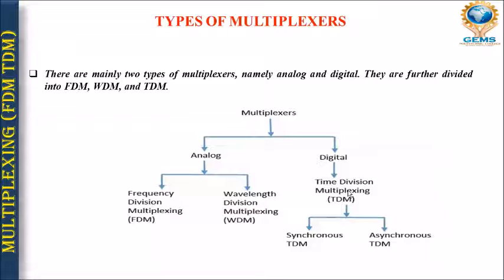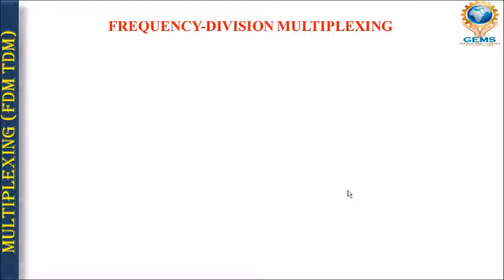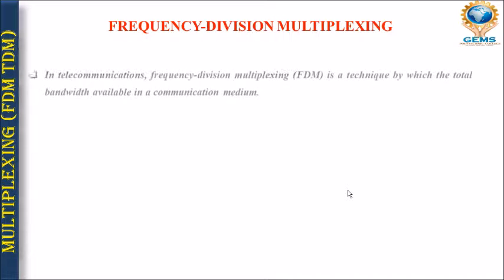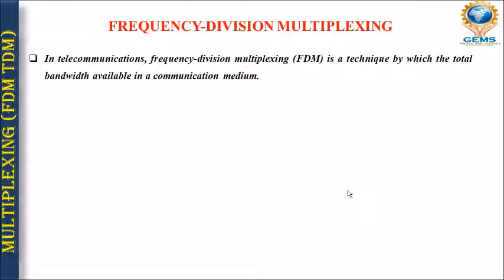Okay. So let's talk about frequency division multiplexing at first. So what is frequency division multiplexing? It is a technique by which the total bandwidth available in the communication medium is concerned, whatever is available in the communication channel or communication medium, and it is divided into a series of non-overlapping frequency bands.